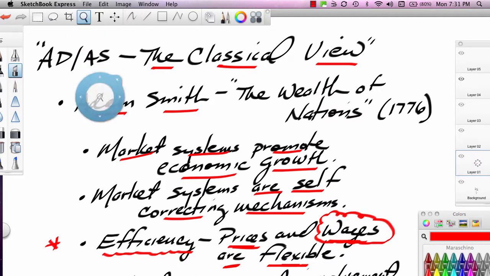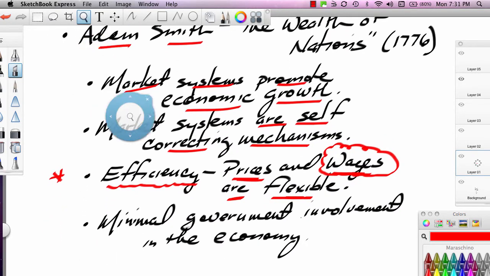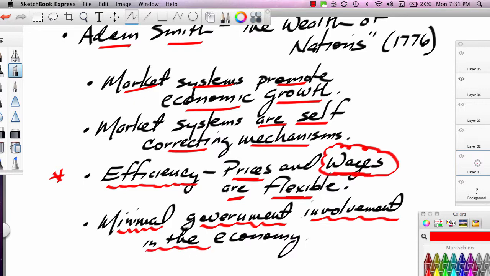Now, the big idea to pull from here is the idea of a self-correcting mechanism, that markets basically don't need government involvement. So the view is that there will be minimal government involved in macroeconomic matters. Now this view, this classical view, as I said, was very popular as far back as the 1700s.